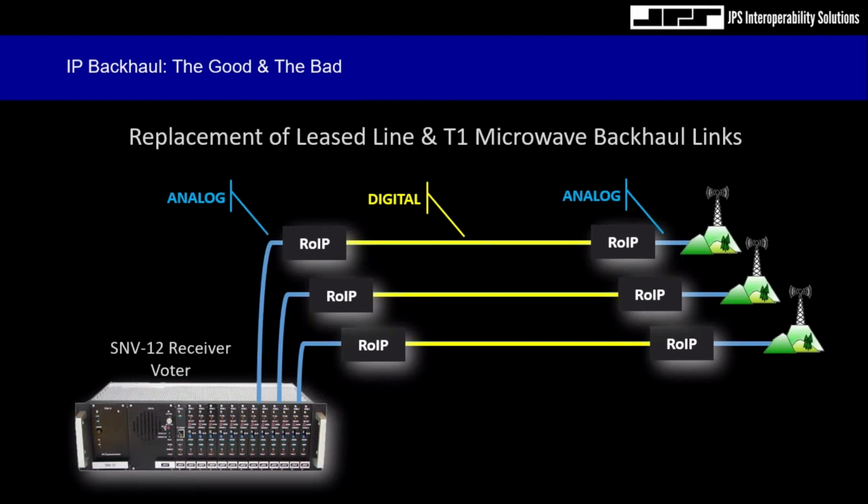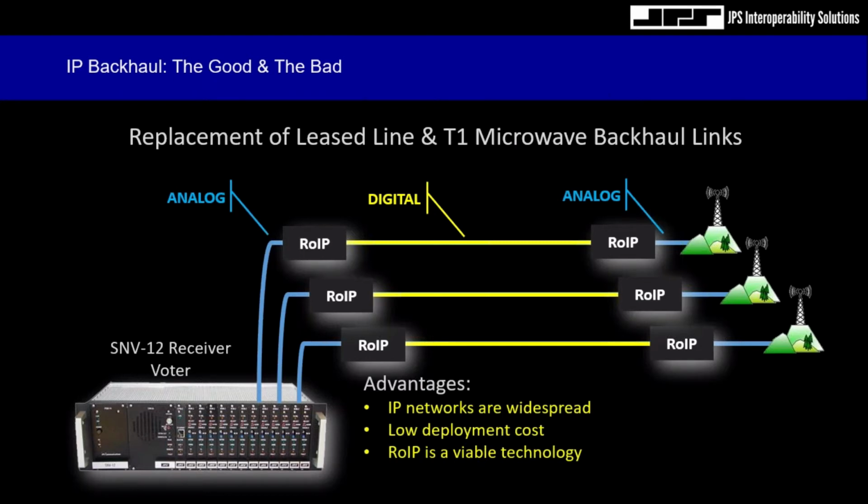So there's a lot going on. What makes this so attractive is that an agency can save the recurring costs of a leased line, for example. Networks are becoming more and more prevalent, and RoIP is a reliable and cost-effective way to transport audio over a network. And if you're using JPS NXUs, you have the benefit of a high survivability link, which is essentially self-healing.